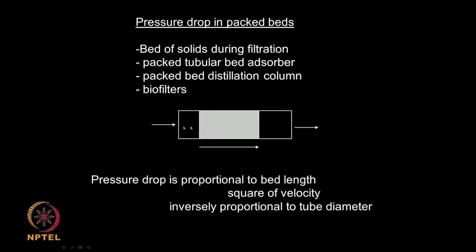The length of the bed has an effect on the pressure drop, the velocity has an effect on the pressure drop, and the diameter of the tube also will have an effect. So, especially when we are talking about packed bed adsorbers, we need to consider the pressure drop, unlike the agitated adsorber or a single batch stage adsorber.